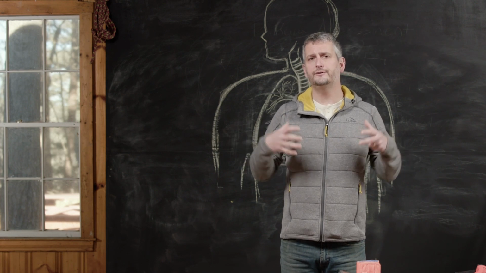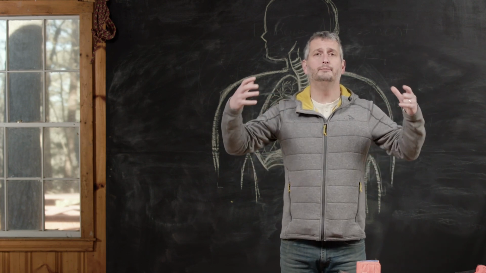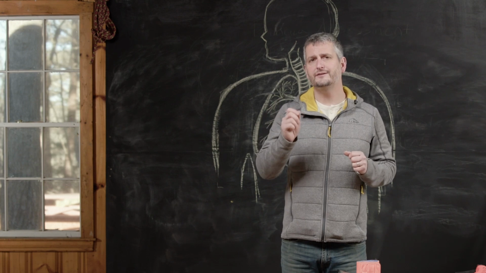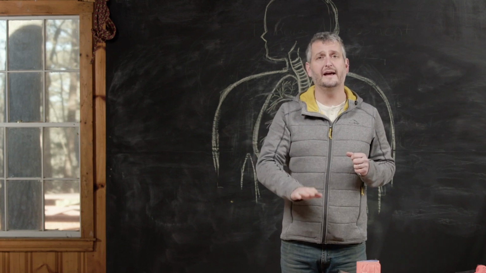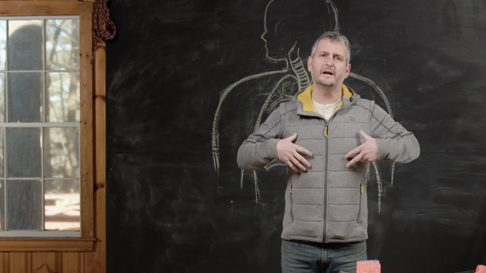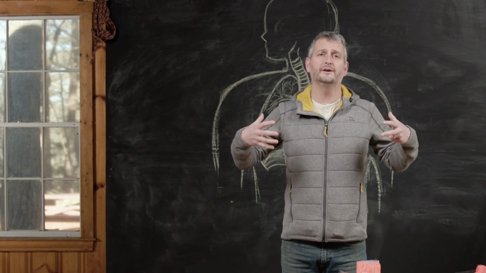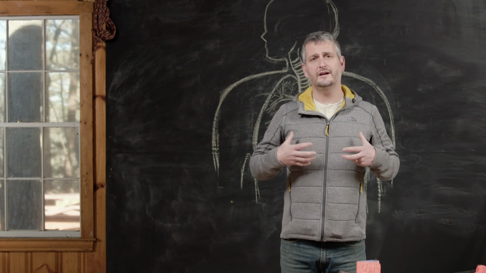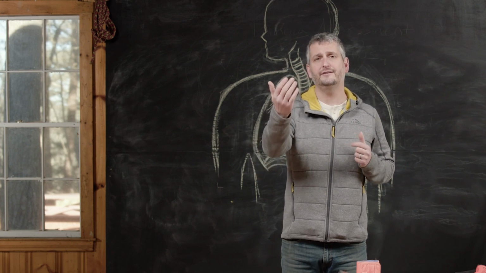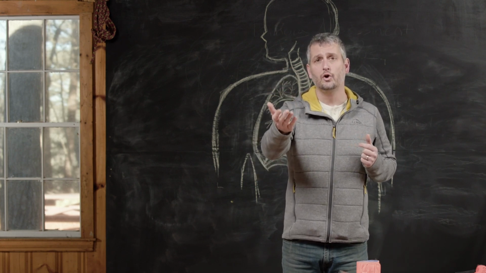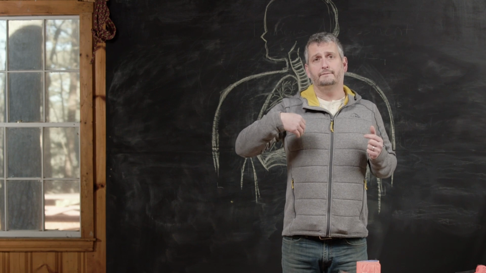When I have a closed space and I make it bigger, the pressure inside that space goes down. So what happens when I breathe in is my chest cavity, my thorax, gets bigger. The pressure inside my chest cavity is now less than atmospheric pressure, and air rushes in.